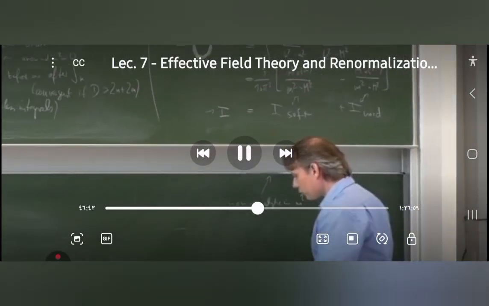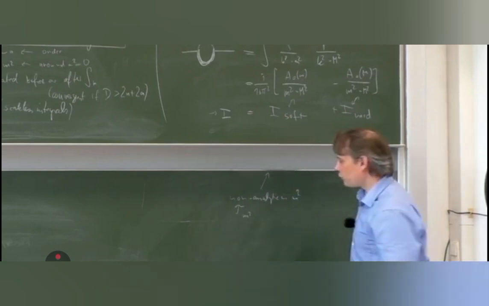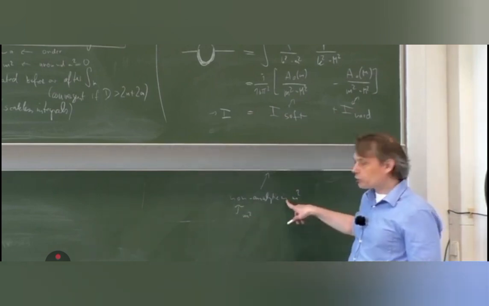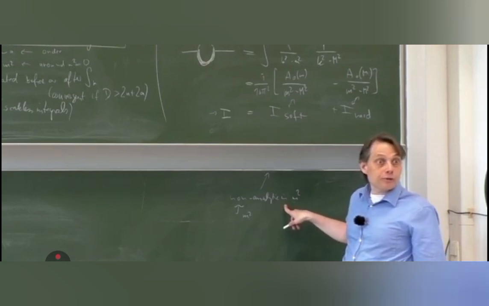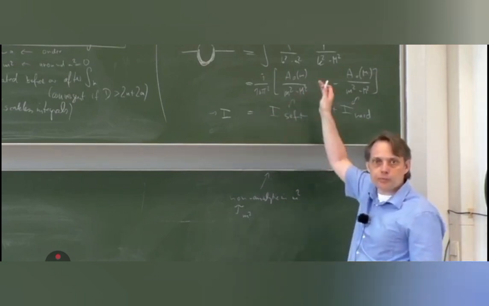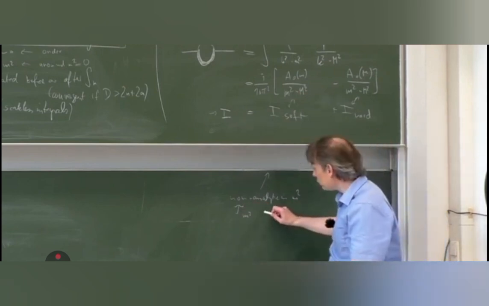We already know that. And now we see in addition that the Taylor expansion with respect to small m square of that result vanishes identically, because that is a function of the form m square to some fractional power, which vanishes identically in dimensional regularization.